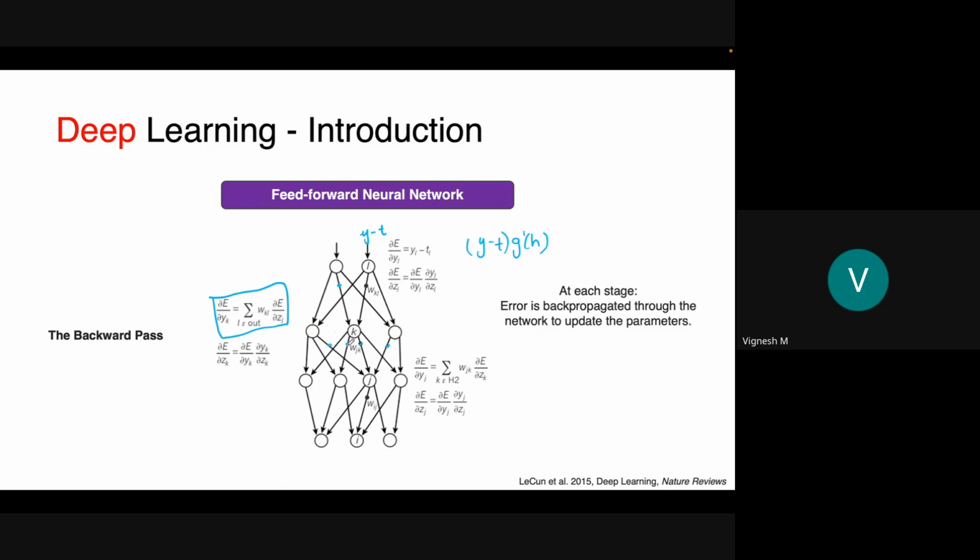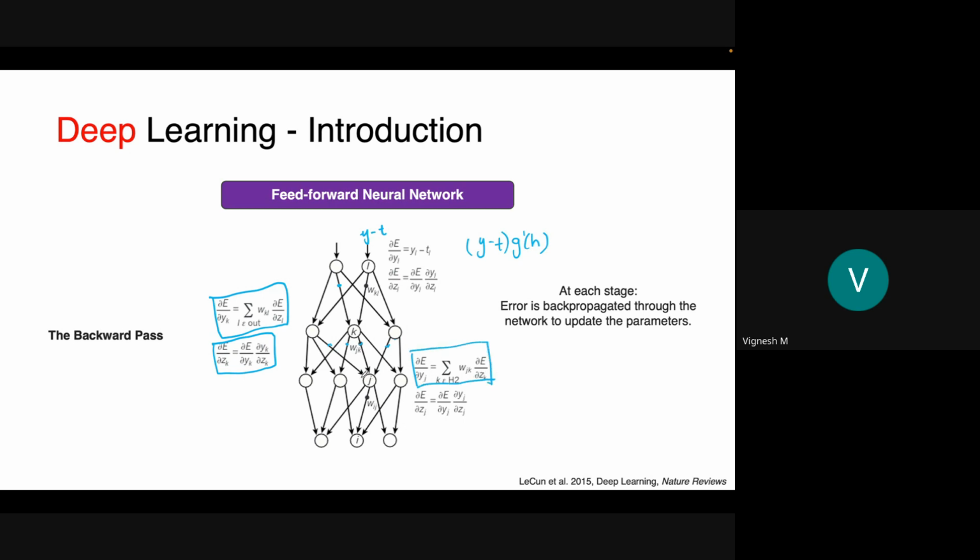So the error at this point is nothing but you take the weights at this level, you multiply them with the error that you got at this level, the gradient, and then you multiply with those respective weights, and that's where you get the gradient of the error at this level. Then again, you push it through the network like this. Once you get the error on the other side, you multiply it with the respective weights, and you push the error back.